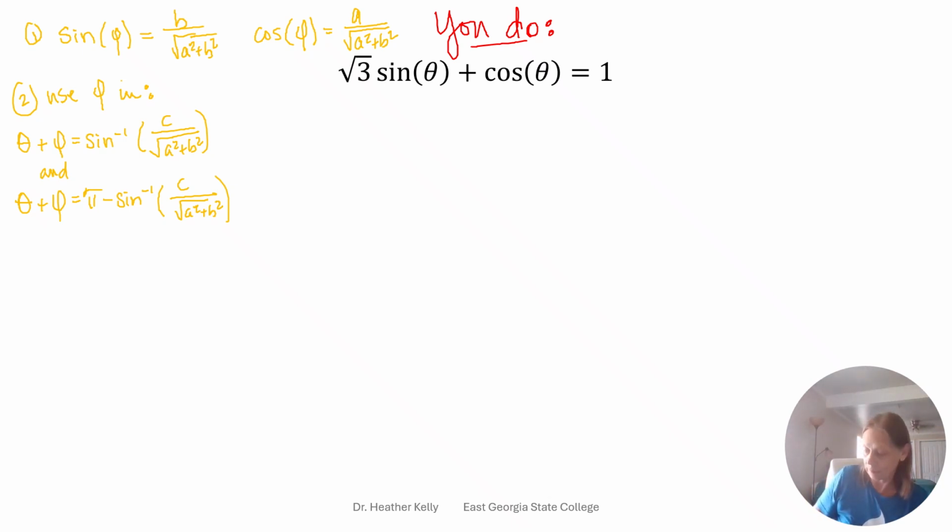Okay, well, let's see what you turned out to get. As usual, pause if you haven't finished the problem yet. So let's see, sine of phi is going to be equal to 1 over, and this is also going to be 2, because the square root of 3 squared plus 1 squared.